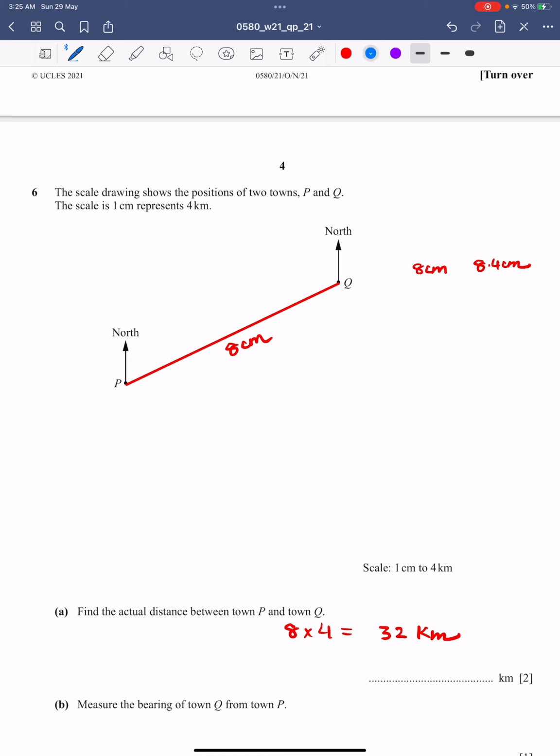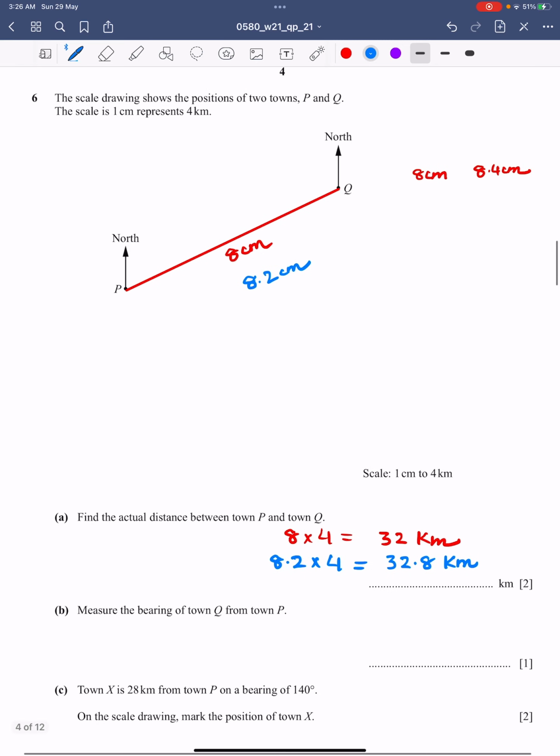Then you're going to do 8.2 into 4, and that will be 32.8 kilometers. Alright, moving on to the next part.